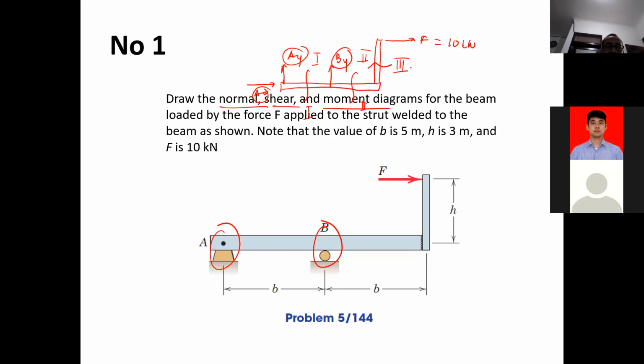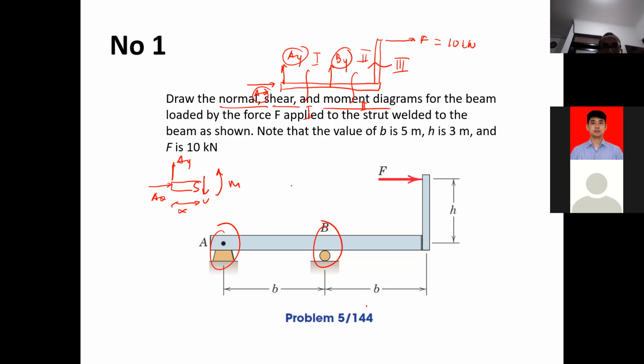Okay, if we solve for the first cut, it's supposed to be like this: the free body diagram, Ay, Ax, V, M. We can solve for this. This one is x. Okay. How about the second cut?